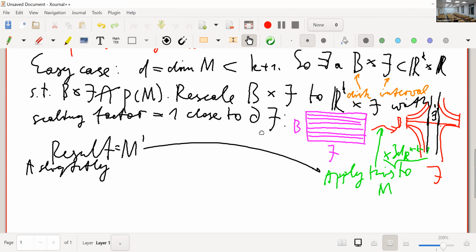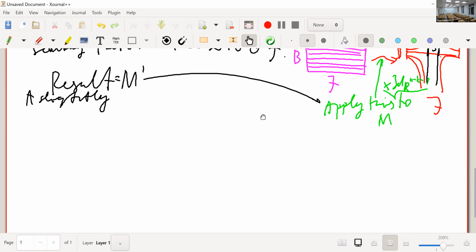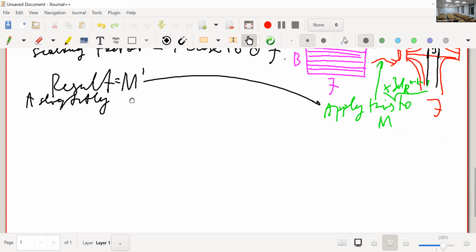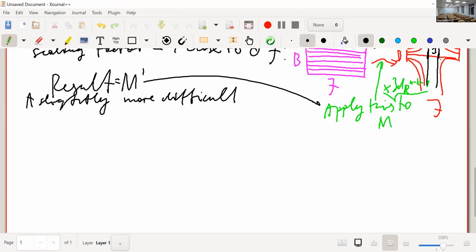It's a slightly more difficult case. Well, d is greater than or equal to k plus 1.